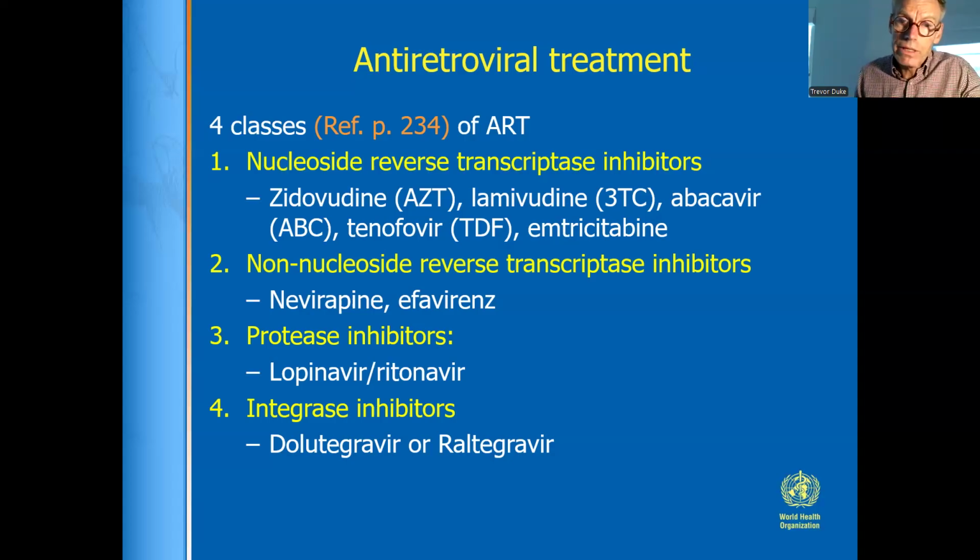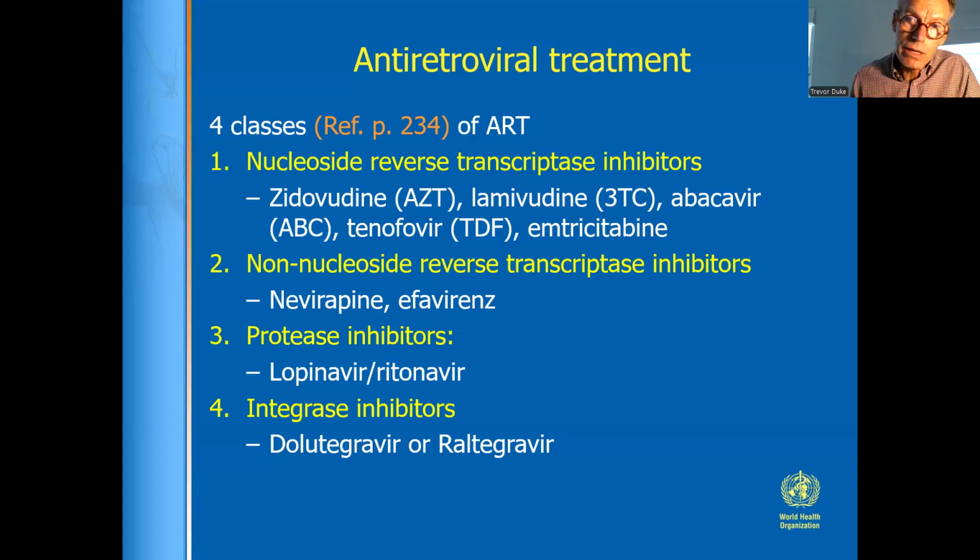And so then in recent years, around 2010, new regimes with lopinavir and ritonavir, the protease inhibitors, were introduced, and now WHO recommends that all children should be on an integrase inhibitor-based regime. So 3 medications, one including an integrase inhibitor, and for most children, apart from neonates, for newborn babies, the treatment is dolutegravir.